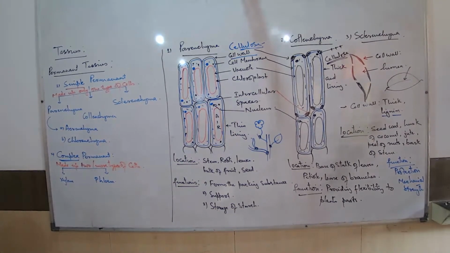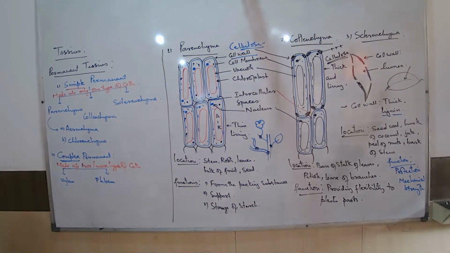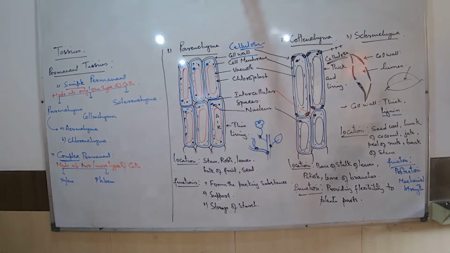Write the first point. Under parenchyma, you write: cell wall is made of cellulose evenly. In collenchyma, what will you write?